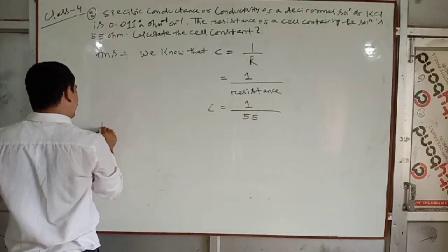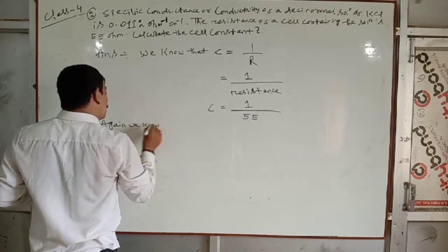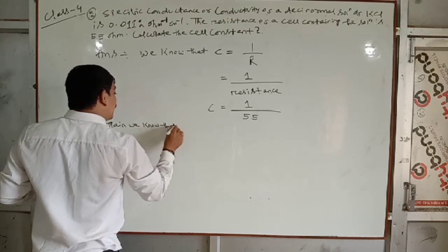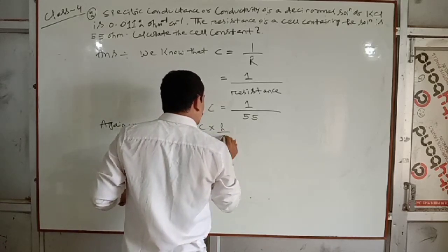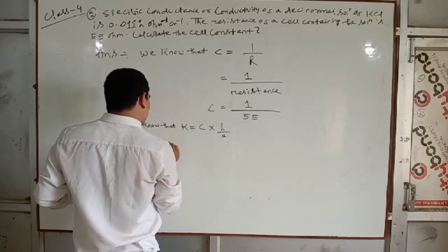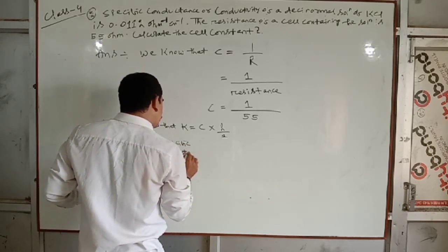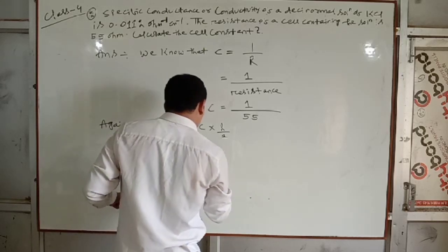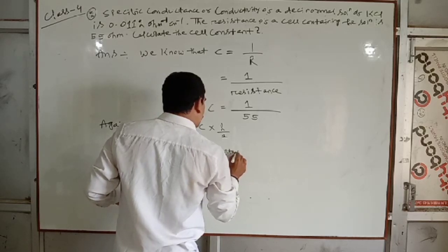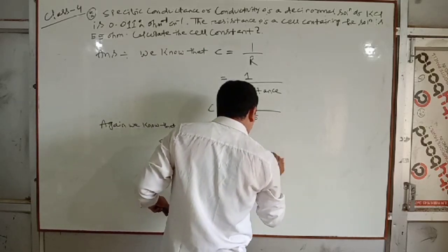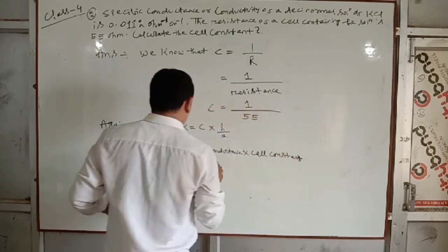Next, again we know that kappa equal to C into L by A, that is, specific conductance equal to conductance into cell constant.